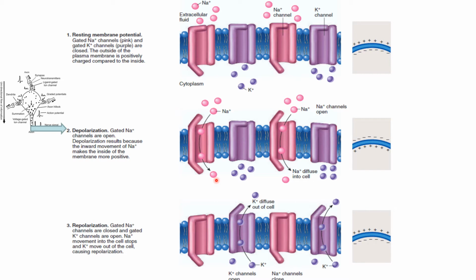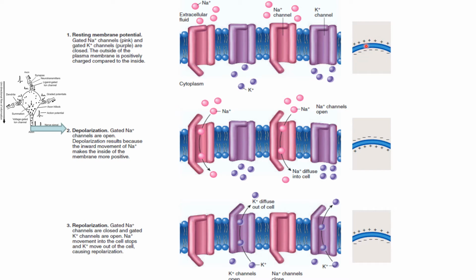But before going to positive charges, it has to pass through 0 millivolt, because inside and outside are going to be equal. First the membrane was positive from outside and negative from inside. Now the inside has to become positive as compared to the outside.